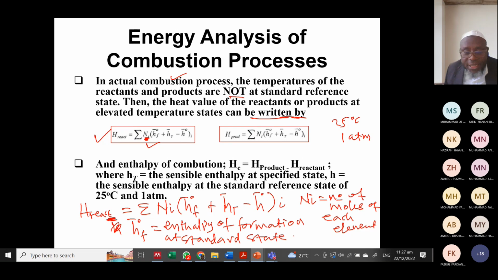Why is it standard state? Because of this 0. Enthalpy of formation at standard state.